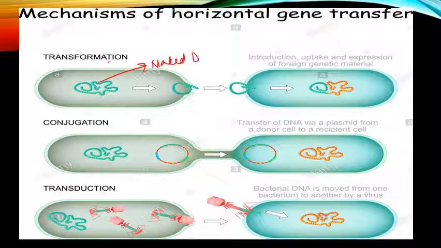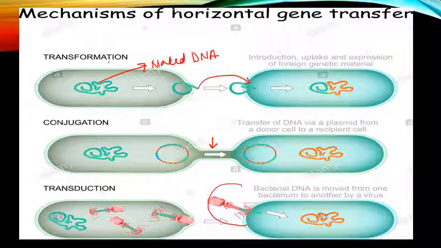When a bacterial cell dies off, its DNA is taken up by a new bacterial cell, and that is what we call transformation. For conjugation, it is the formation of a sex pilus. For transduction, it is the transfer of genetic material through viruses.